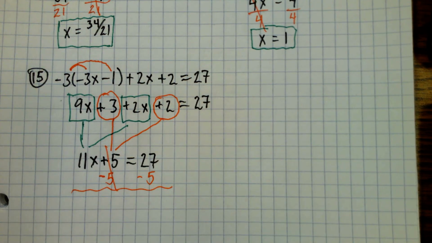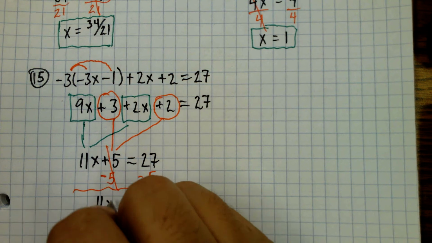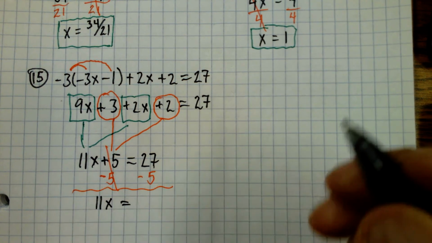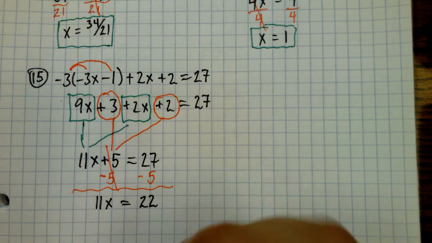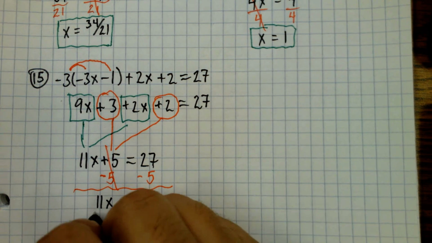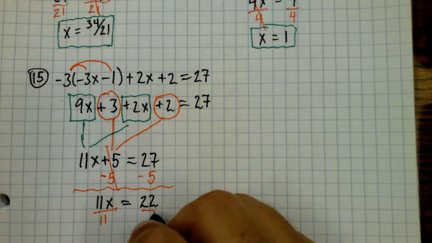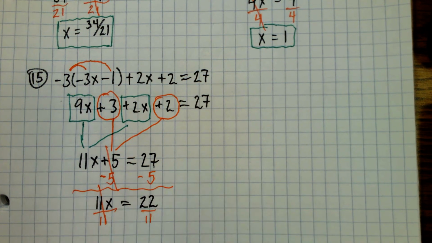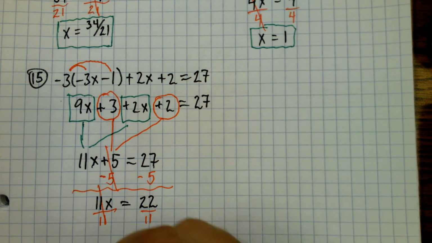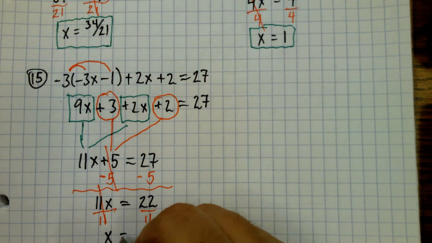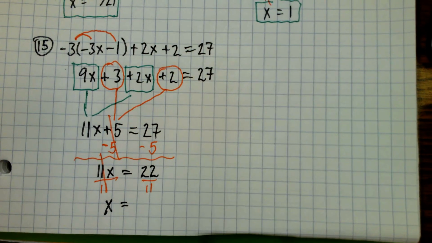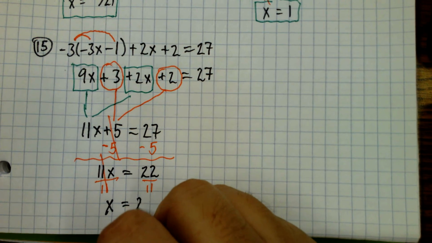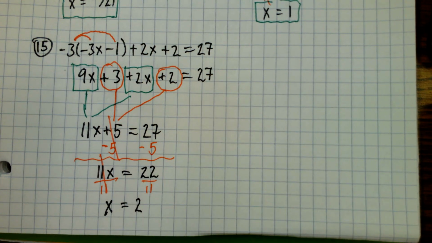And we get 11x equals 27 take away 5 is 22. It looks like we'll get a nice answer here. x equals 22 divided by 11, and that's our answer.